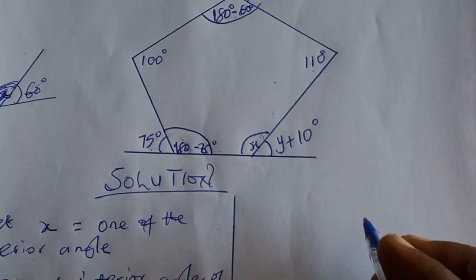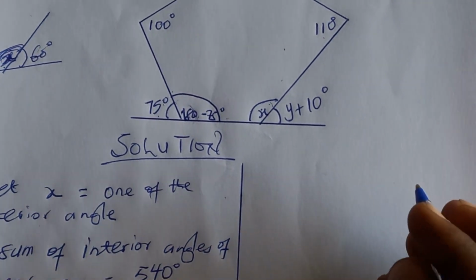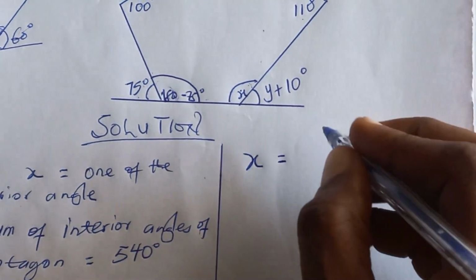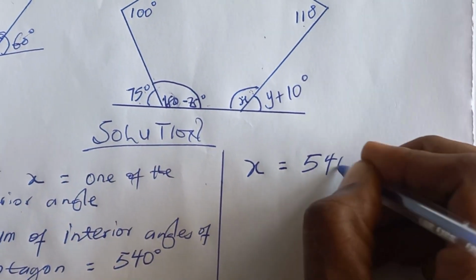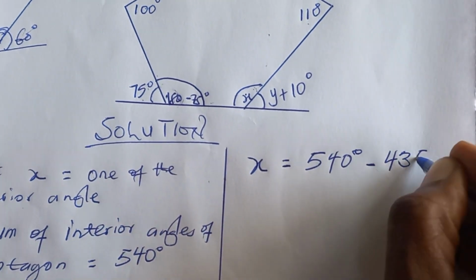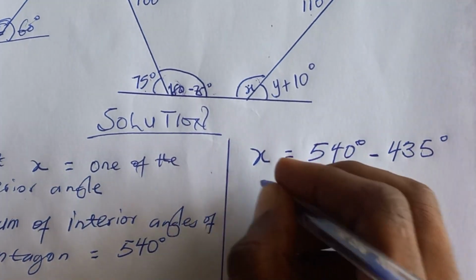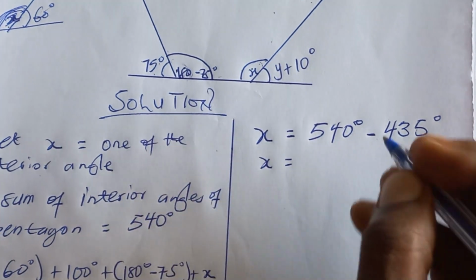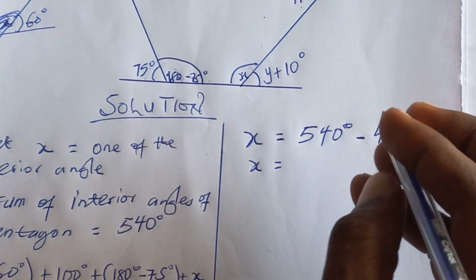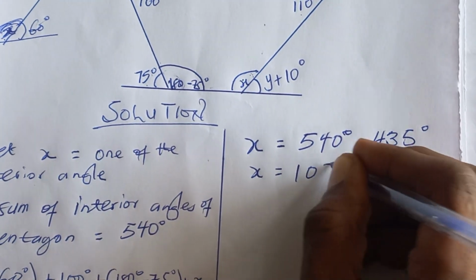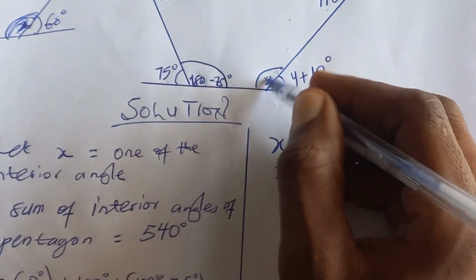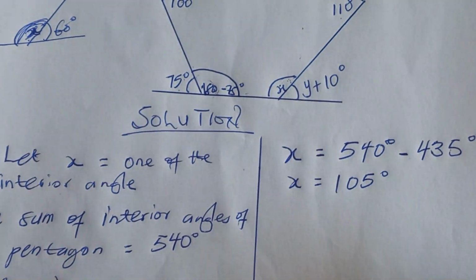Now we need to make x the subject of the formula. So our x is going to be 540 degrees minus 435 degrees. Our x, 540 degrees minus 435 degrees, we are getting 105 degrees. So it means that this portion is 105 degrees.